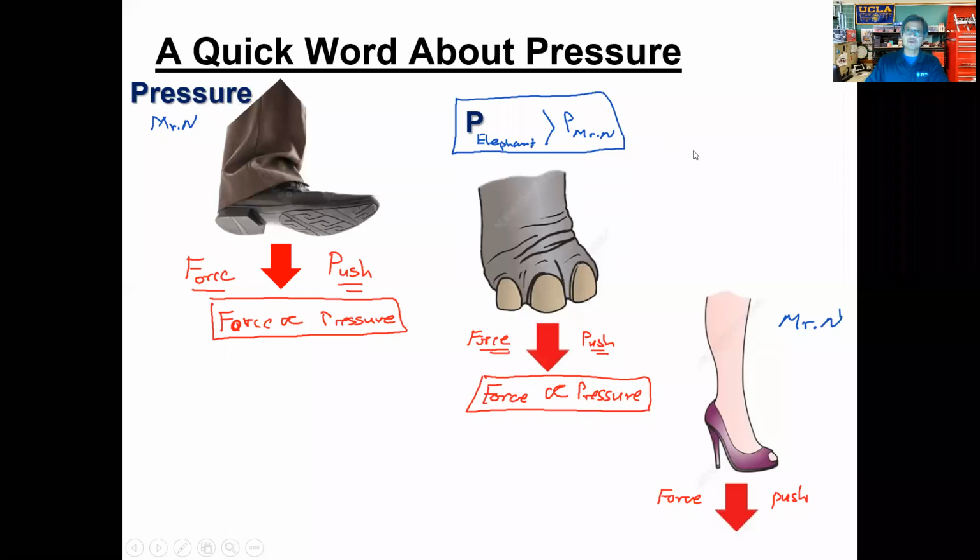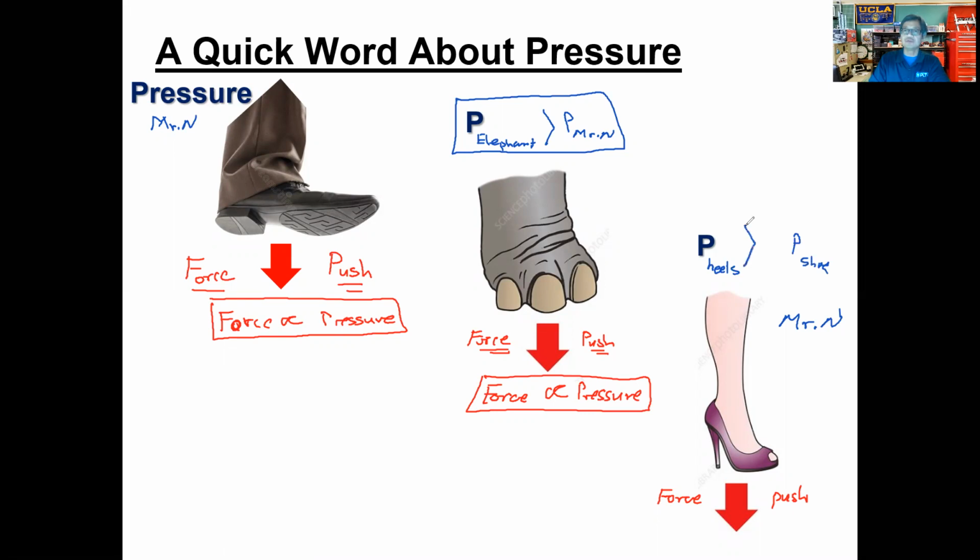Is the pressure that you feel this time, the pressure of Mr. N in heels, and let's go ahead and write this down, the pressure of Mr. N in heels versus the pressure of Mr. N in a shoe, which one is greater?